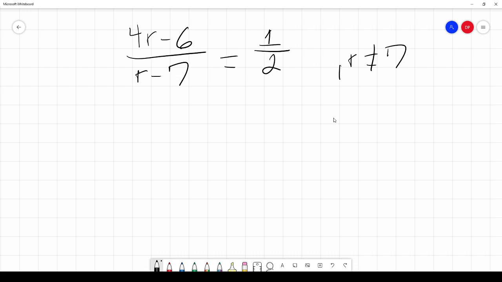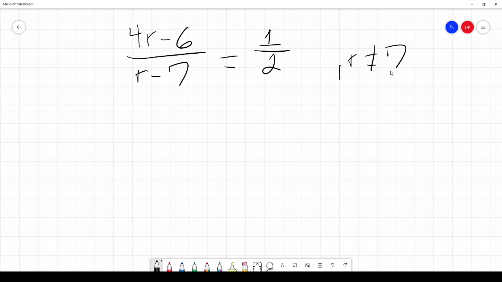Sometimes, I'm not sure if it's going to happen today in this lecture or not because I haven't done these problems yet, but sometimes you will end up with what we call an extraneous solution, because you will get a solution, like if we did this problem and solved it, and our answer was r equals 7.